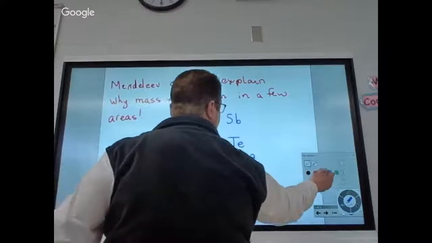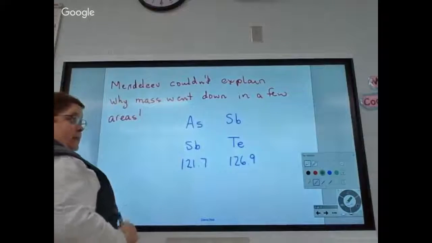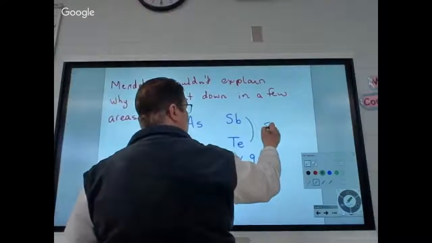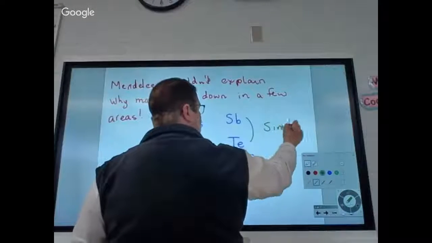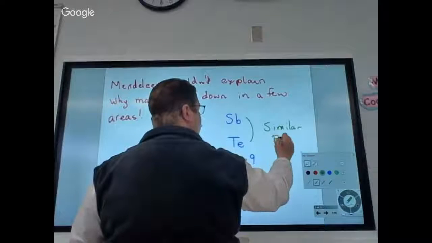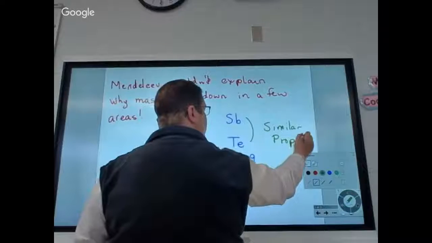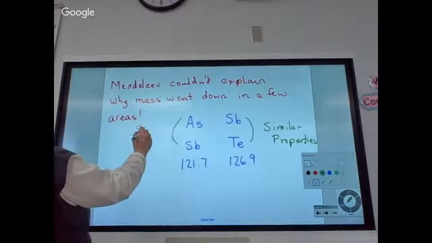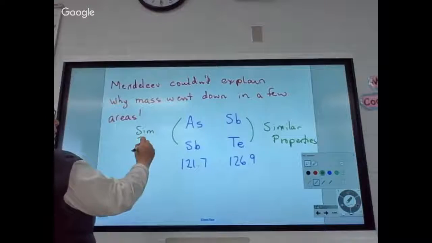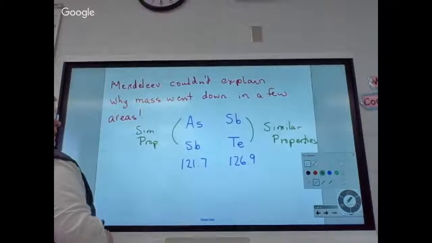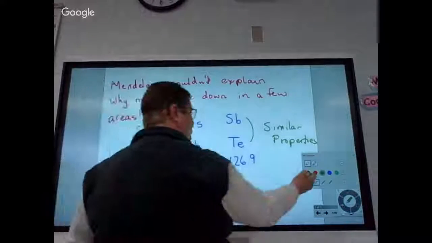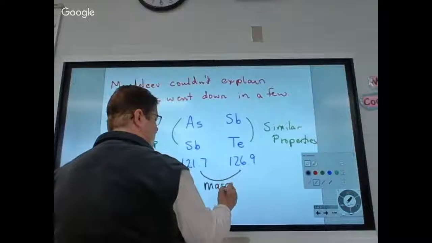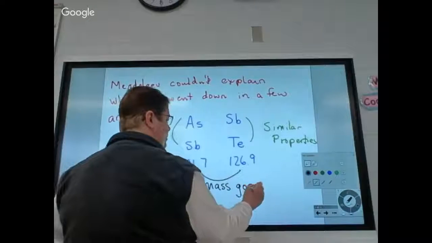All right. So to illustrate his problem, he said these two have similar properties. These two have similar properties. However, the mass goes down.